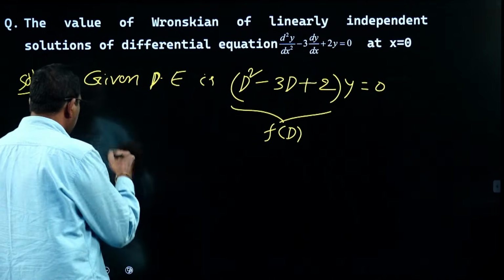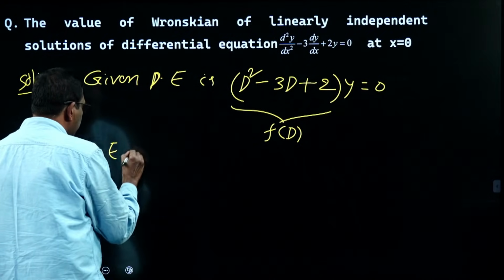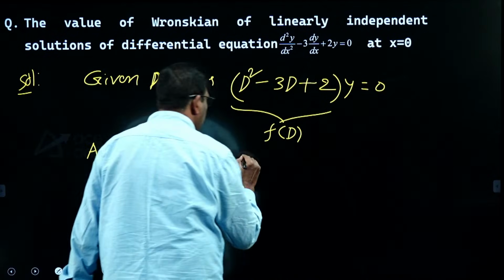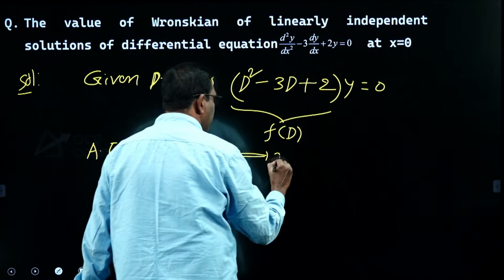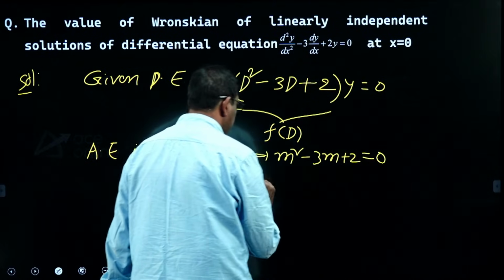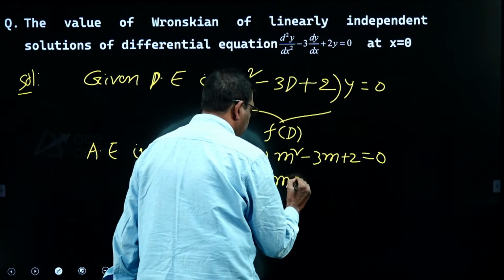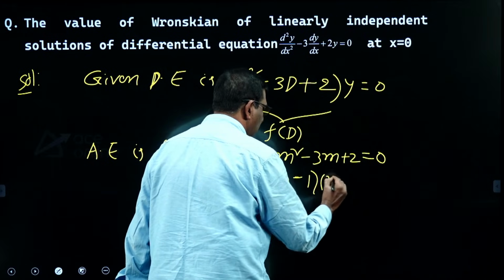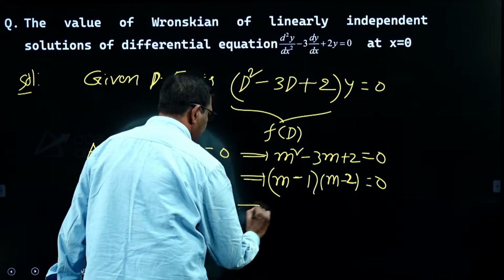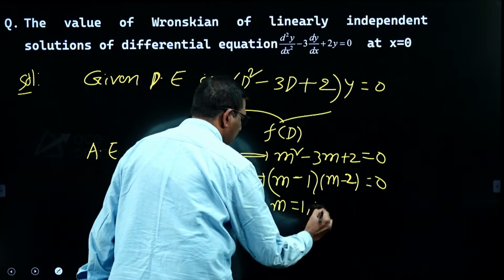So, the auxiliary equation you can write, the auxiliary equation is f of m, or f of D also, no problem. In place of D substitute m, that is nothing but m square minus 3m plus 2 is equal to 0. (m minus 1) into (m minus 2) is equal to 0. That implies m is equal to 1, 2.